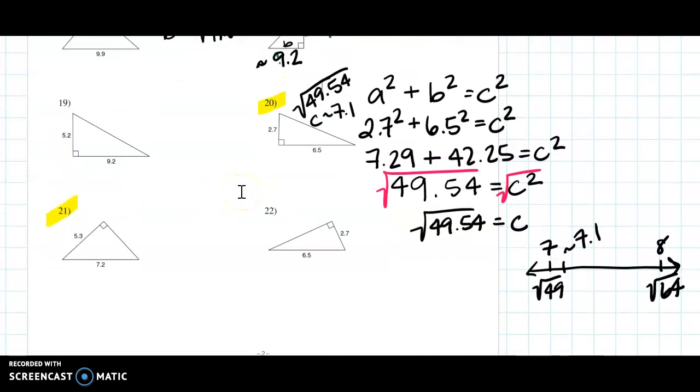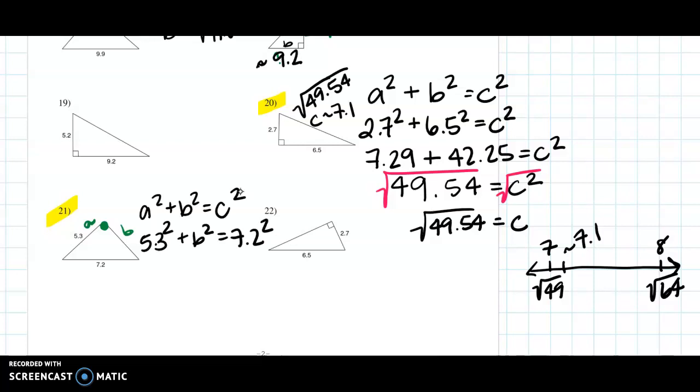The last question we're going to look at today is question 21. Notice that our right angle is up here. So our sides, A and B, are the side lengths touching the right angle. So I'm looking for B. I know A and C. So 5.3 squared plus B squared is equal to 7.2 squared. 5.3 times 5.3 is 28.09.